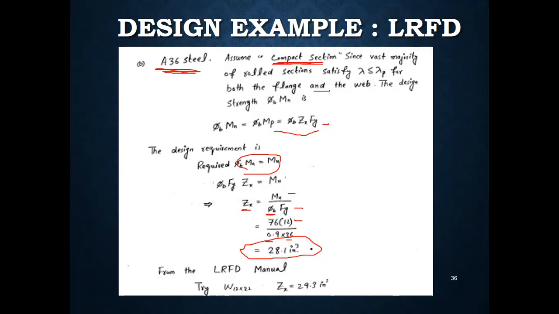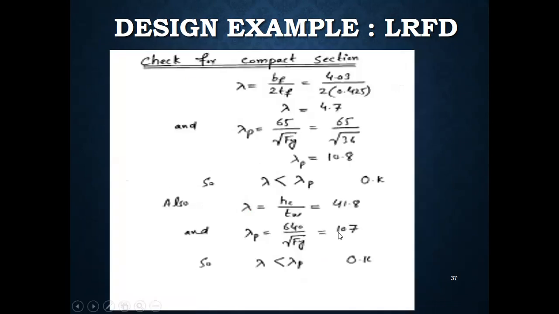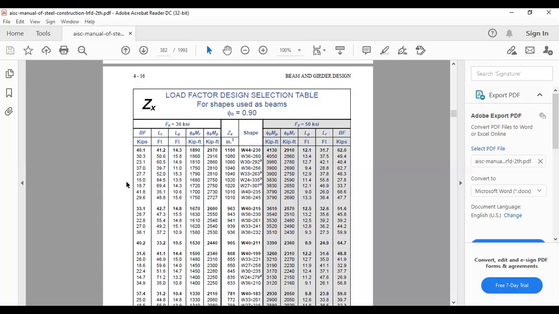After this value of the section modulus, we are going to move towards the LRFD manual. If we move towards this LRFD manual, you will see that chapter 4 is related to beam and girder design.